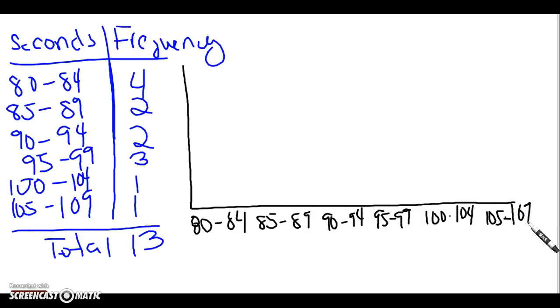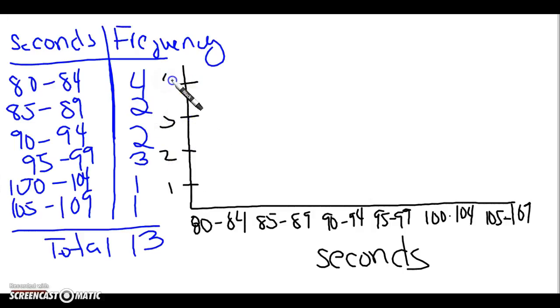Okay, and here is labeled seconds. And over here, I'm going to say 1, 2, 3, 4. And this is my frequency, I'm sorry, I ran out of space. Okay, so that's the label there. So make sure you label.